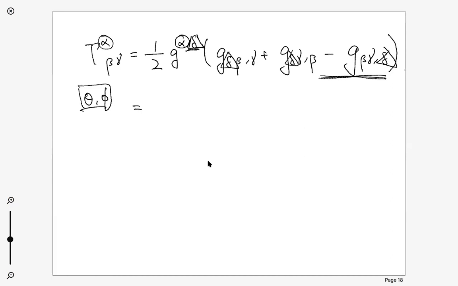That means this delta, the contracting index, also runs over theta and phi. So we should be able to write something like this. We replace every delta with theta, keep the gamma and beta.